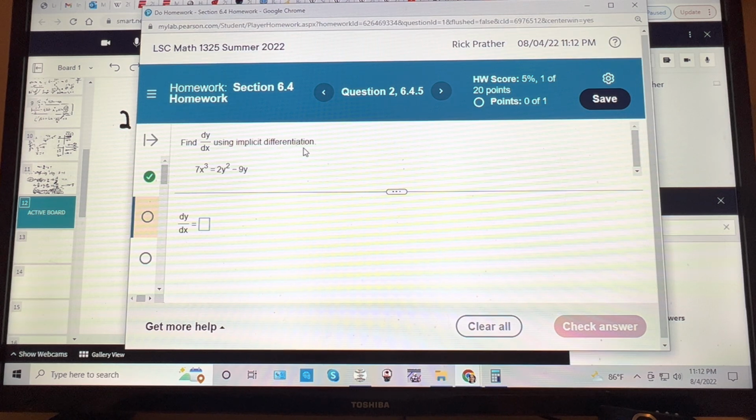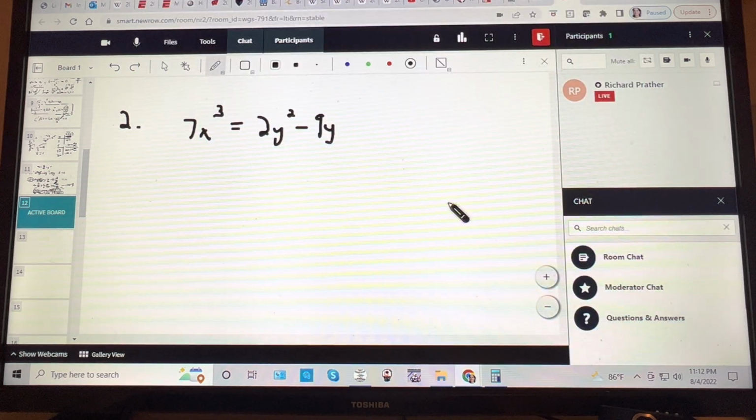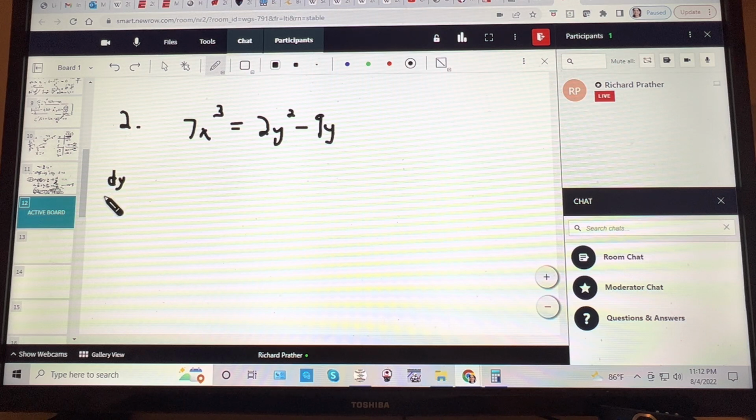Differentiation is the noun for doing derivatives, and implicit is when you have a mixture of variables. So it matters which one they want you to find. They asked me to do dy over dx. That tells me x is the variable of interest. And if I don't get x, then I just get one of these on any of the other variables.